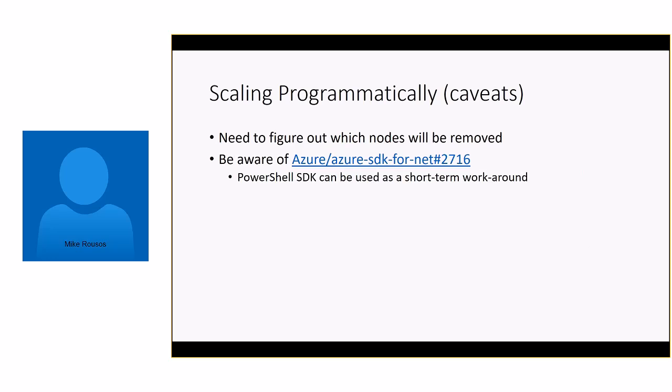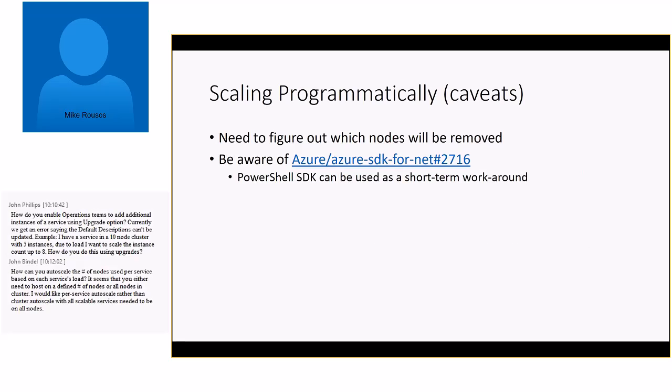There are a couple of caveats I'll point out. The first is that there was a bug in the Fluent SDK which prevented this from working, and that was fixed recently, but we still need to get an updated version of the library shipped. So in the very near term, you may need to use the PowerShell SDK, which you can also use programmatically, as a workaround.